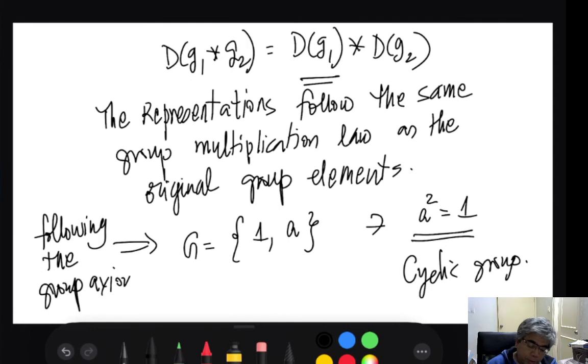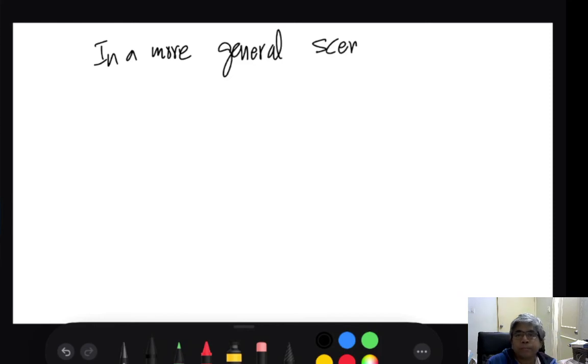In a more general case, if you have a group of elements, say g_i, they could be discrete or continuous.